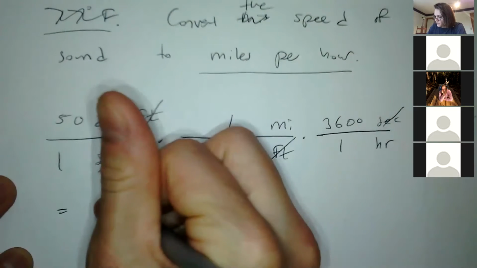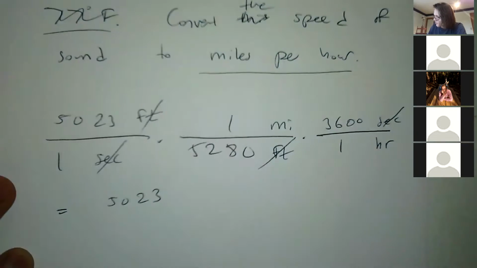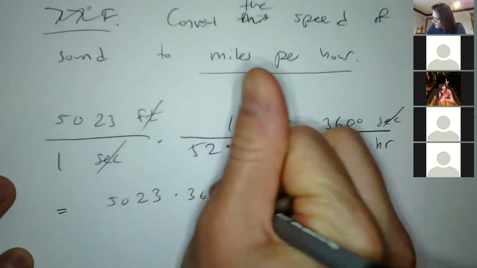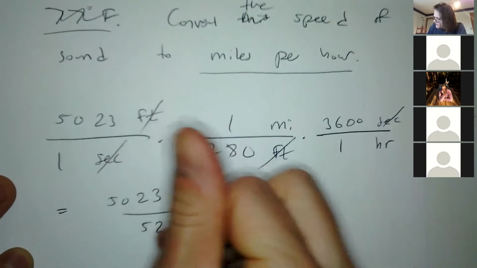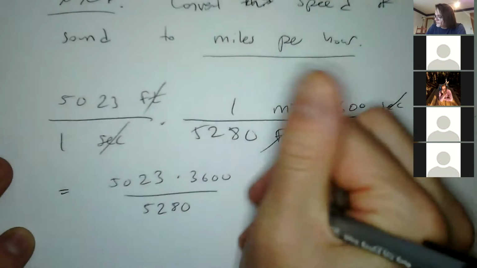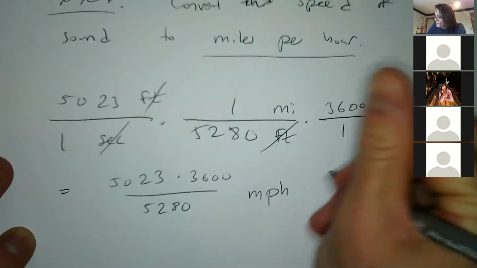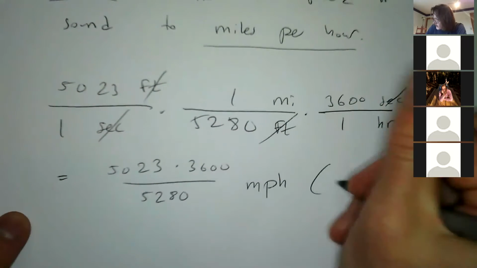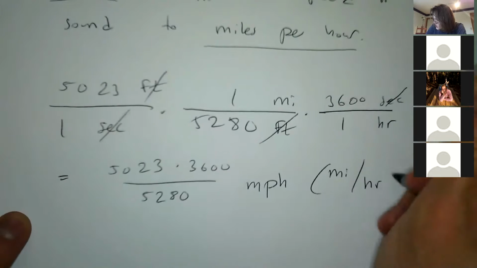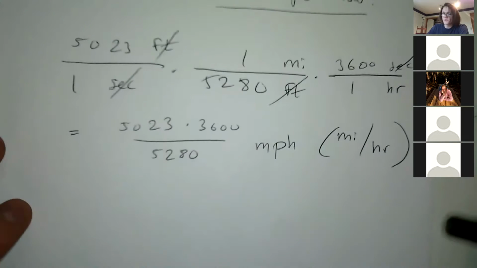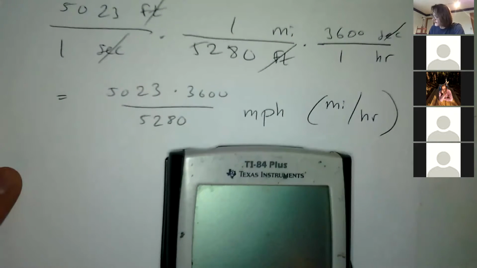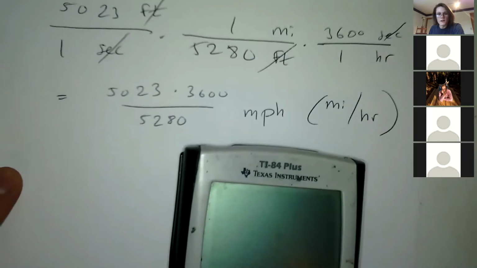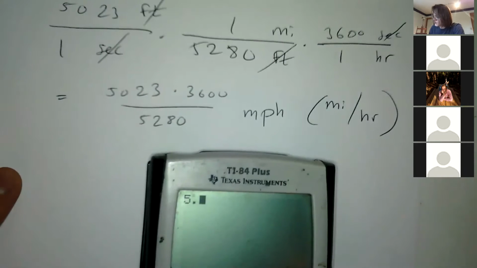So I'll rewrite it. 5,023 times 3,600 all over 5,280. And this is miles per hour, which is usually written like this, but again, it's just miles over hours. Right? And so as a number explicitly, I have 5,023 times 3,600 divided by 5,280.